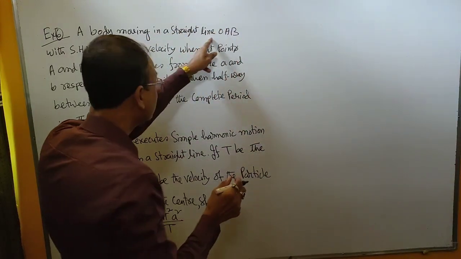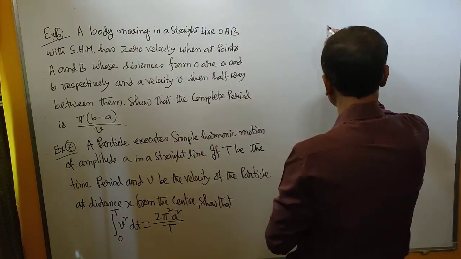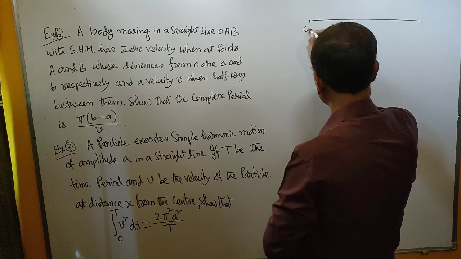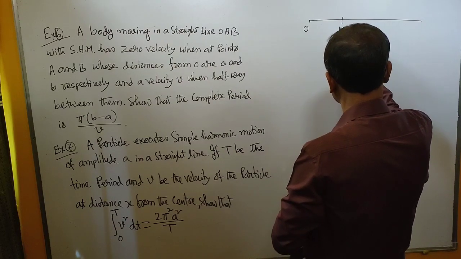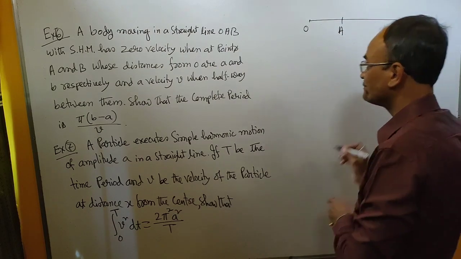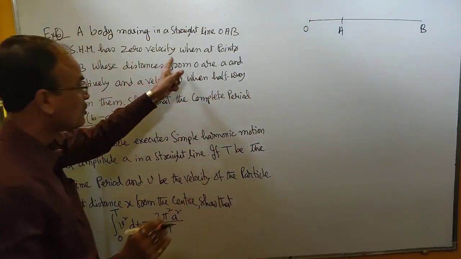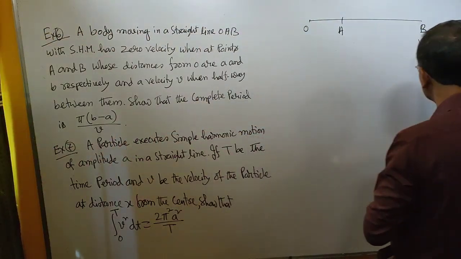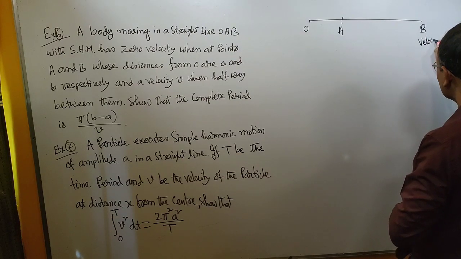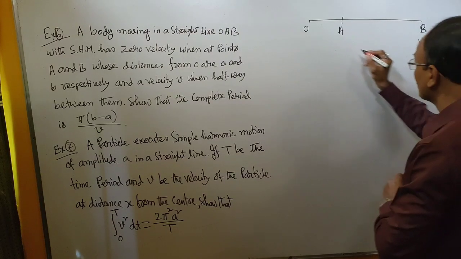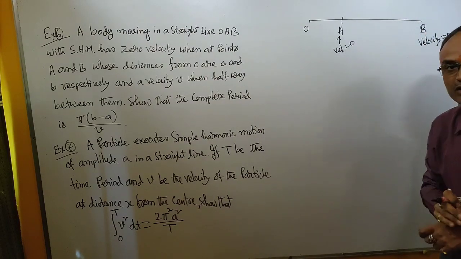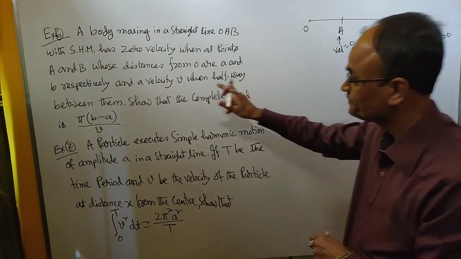A body moving in a straight line OAB. Suppose this is O, A and B. It has zero velocity when at points A and B. When the particle is at point B, the velocity of the particle is equal to 0, and at the point A the velocity of the particle is also 0.